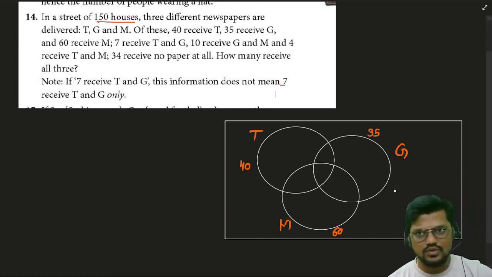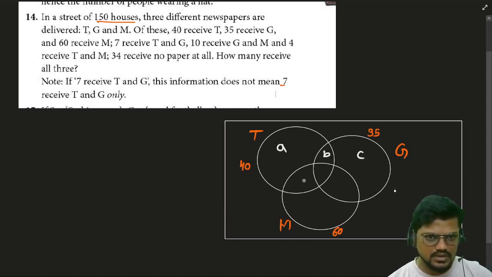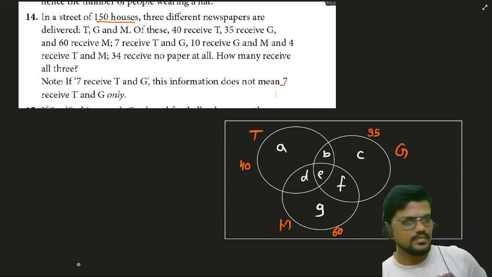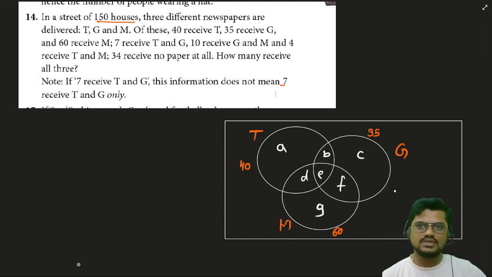Over here you will write the values like this: A, B, C, D, E, F, and G. Now it will be very easy to solve, because otherwise it will be very difficult to solve this question.